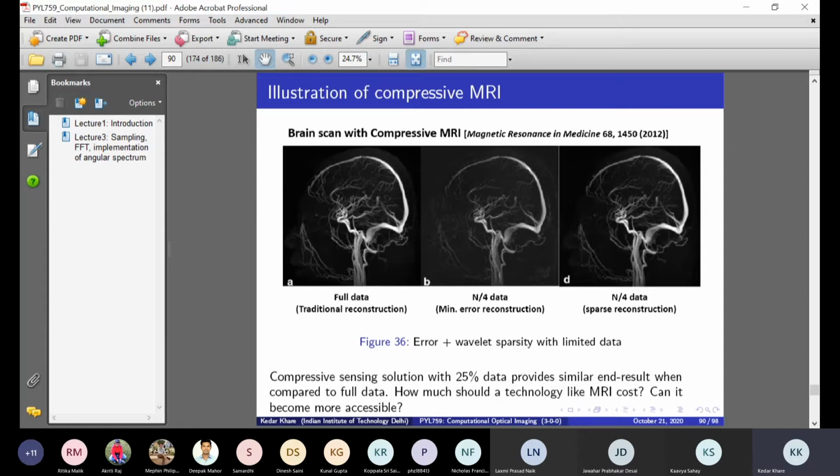I'll not go into that topic in this class, but this is a practical reconstruction of somebody's brain. You can see that the sparse data reconstruction is essentially the same as the full data reconstruction. So for the doctor, there is no difference whether you have collected full data or only 25% data.